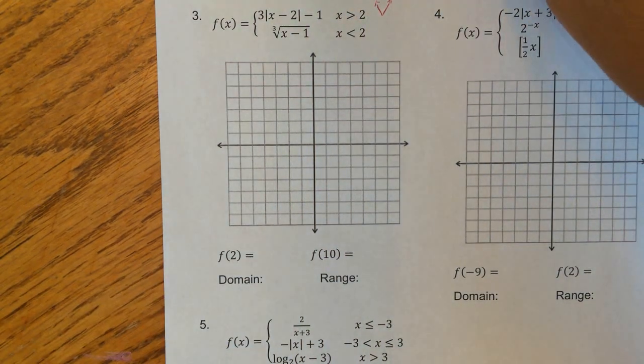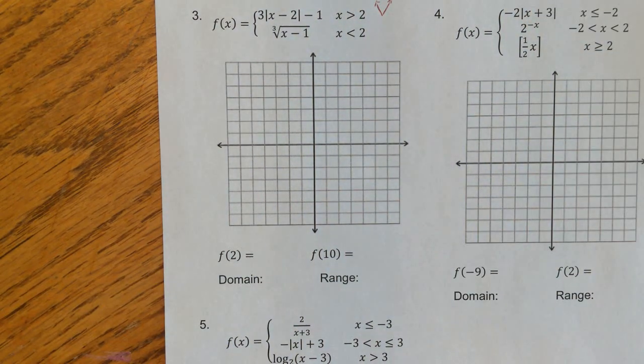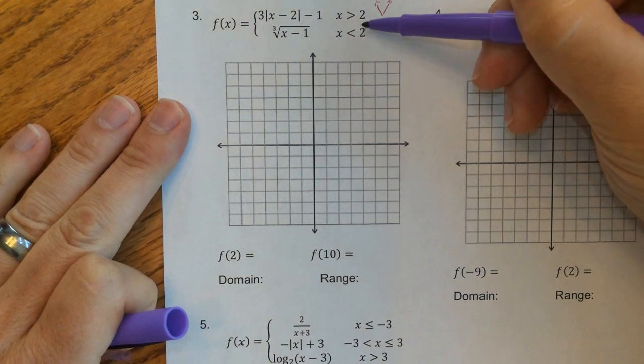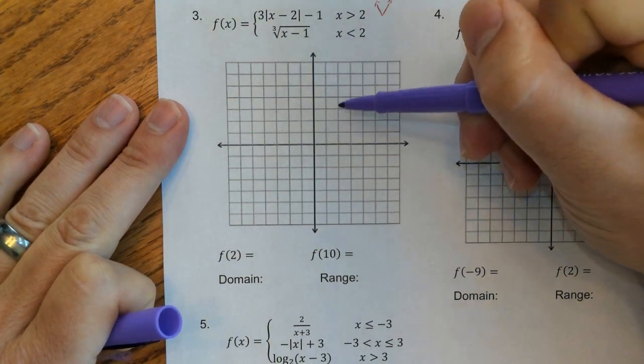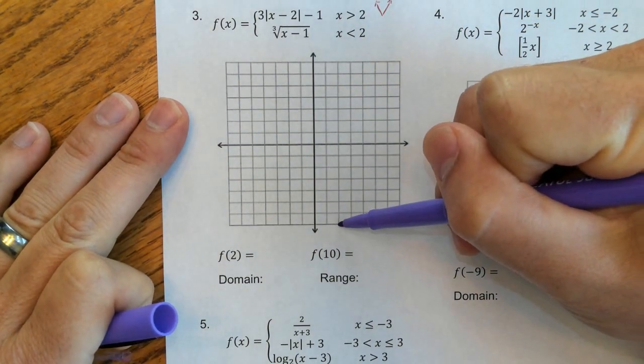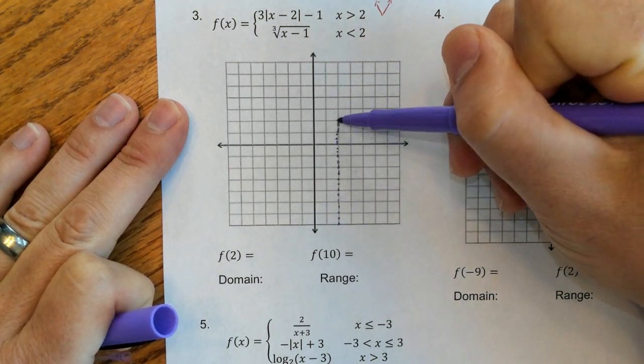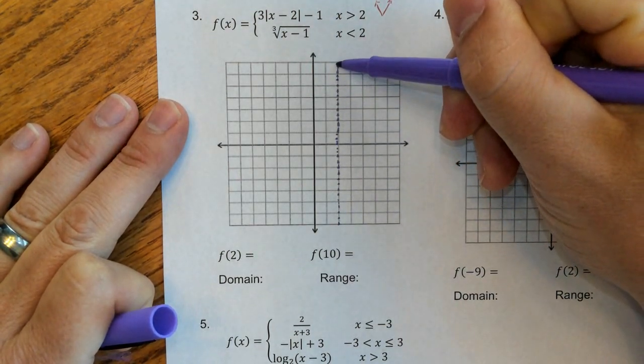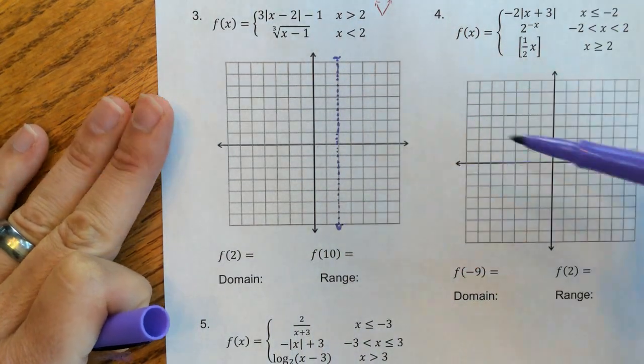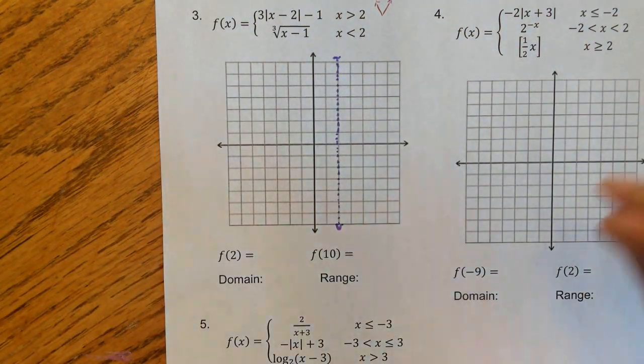Now, the thing of it is we are recognizing that this function is split right here at x equals 2. So if you need to, we're going to put a dotted line right here to show that, hey, we are going to split the function here.